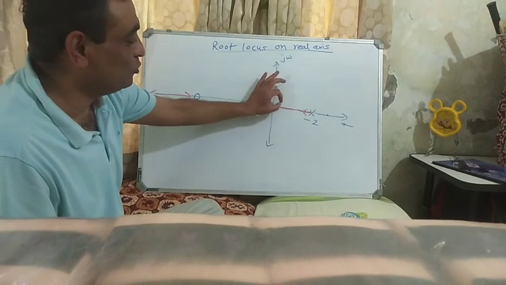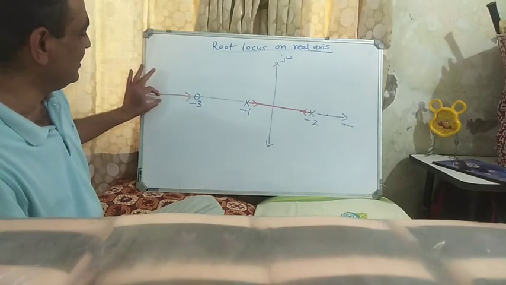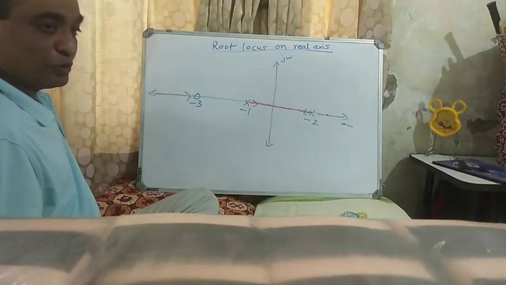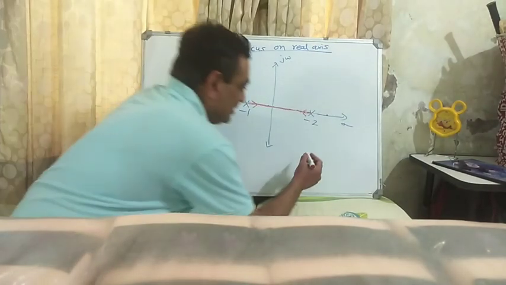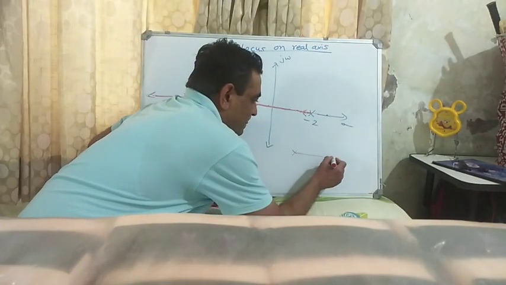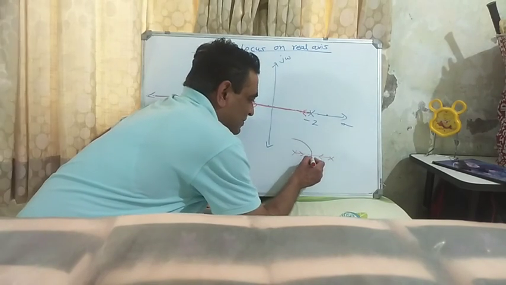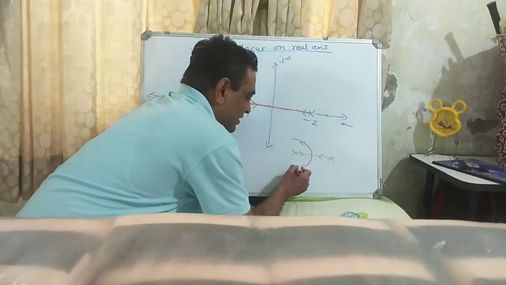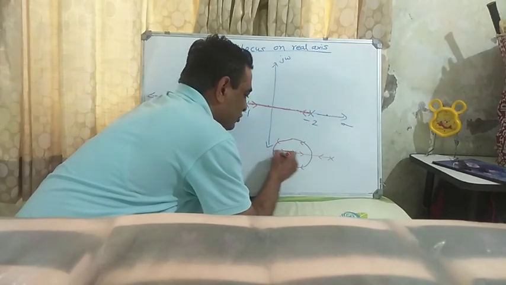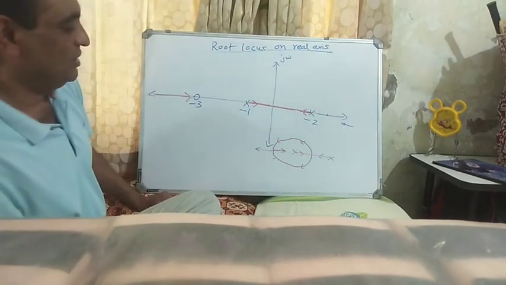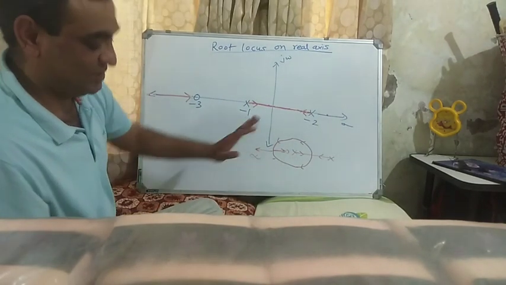It means that when these two branches break, it should break somewhere here, and one branch should go towards the infinity, other branch should go towards the 0, something like this. It is approaching, then this branch will break, it will go like this, then again it will meet here, then one branch will go towards this, another branch will go towards this. So this is towards infinity, this is towards the 0. Okay, something like this.